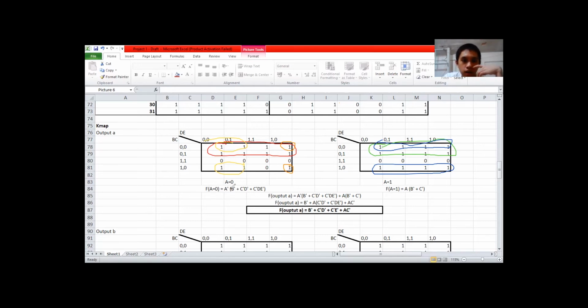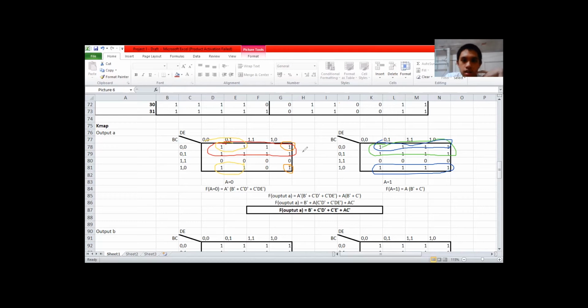And the next one is the yellow group wherein A is equal to 0, B changed from 0 to 1, therefore cancelled, and then C is unchanged, it is just 0, and D is unchanged, it has a value of 0, and the literal E changed from 0 to 1. Therefore, we are left with A prime, C prime, and D prime.